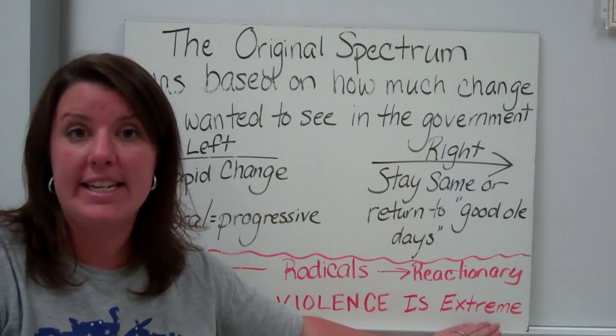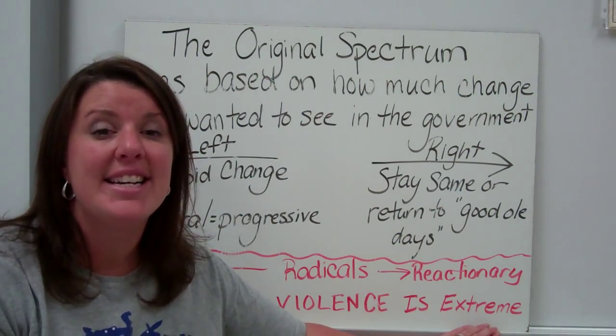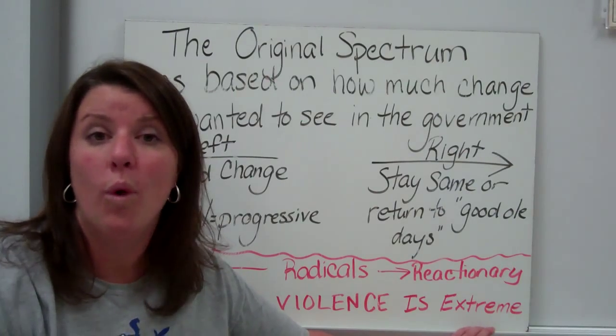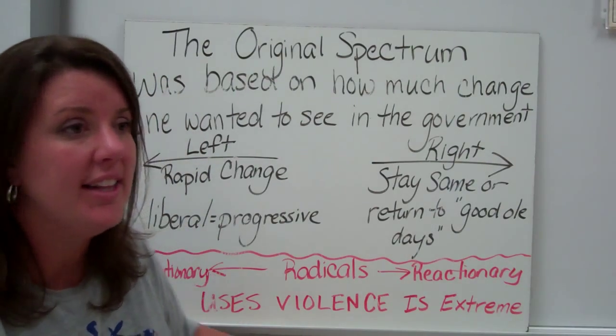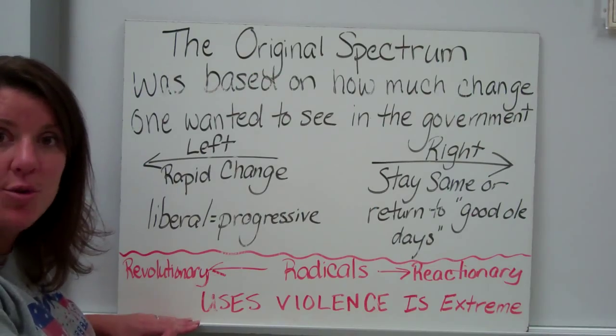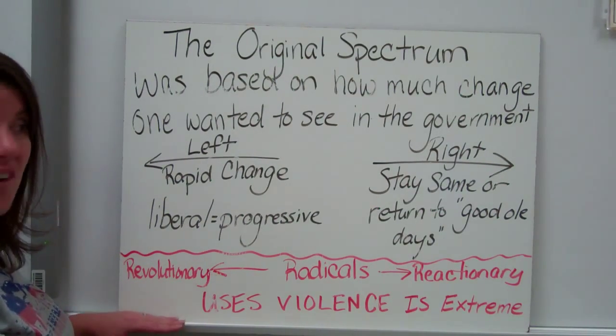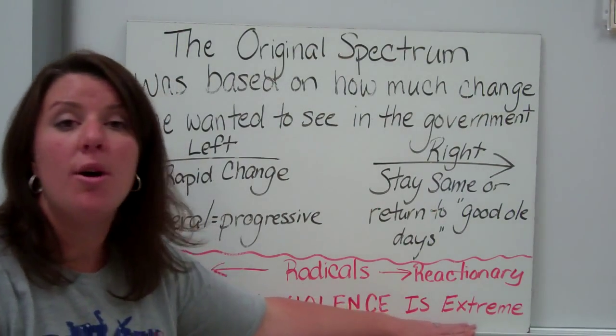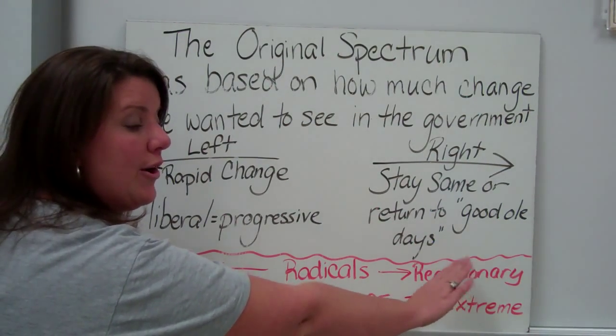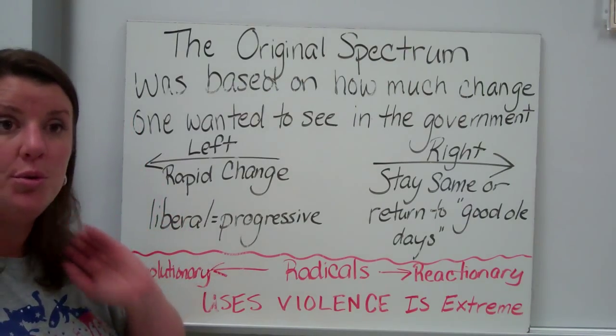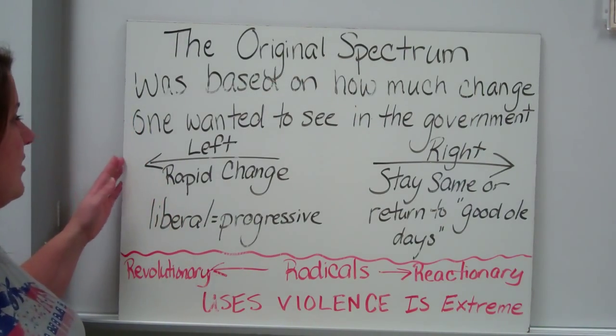Think about the examples. KKK, neo-Nazi, Taliban. What do they all have in common? They all use violence. Palestinian Liberation Organization, Irish Republican Army, Sons of Liberty, all use violence. So that's important to know, that those two sides all the way on the extreme are going to use violence to get their point across.